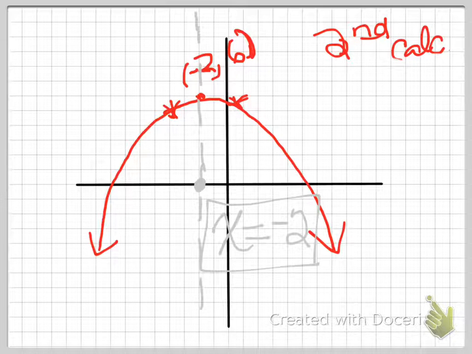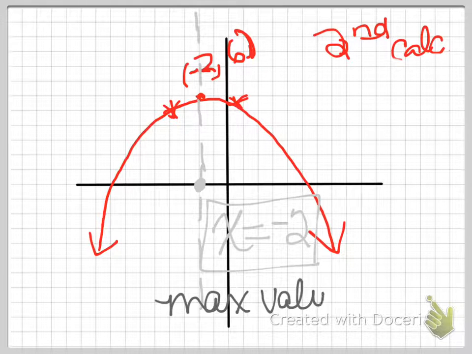Also, because this is a downward opening parabola, it is going to be a maximum value. So you're also going to say that this has a maximum. It says to determine whether there is a maximum or minimum value. So it's got a maximum value, and state what that value is.